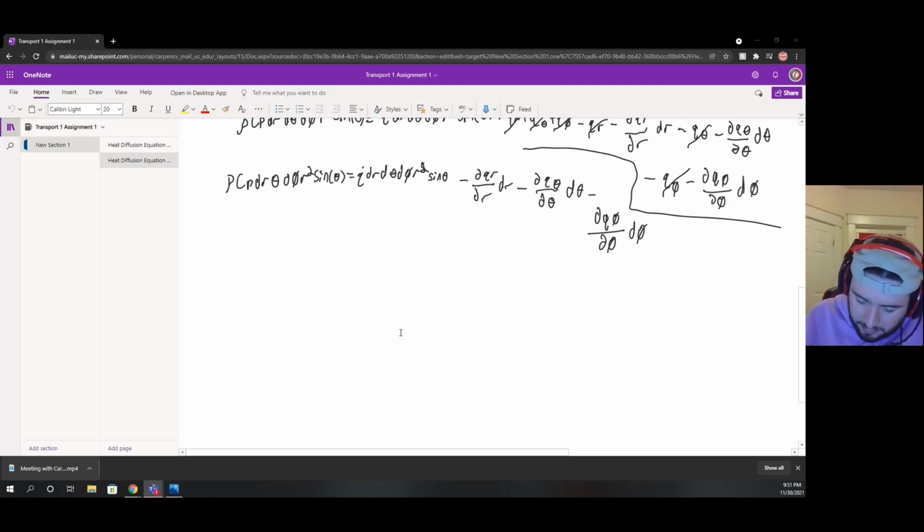So we will have our density times our specific heat times dr. I just realized I didn't have a d up there. d theta d phi times r squared sine theta equals q dot times dr d theta d phi times r squared sine theta.